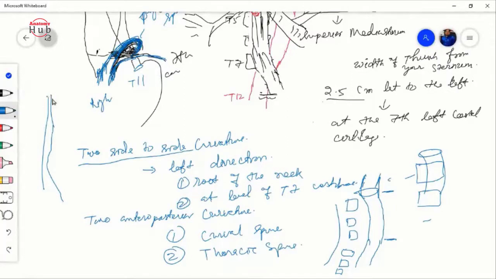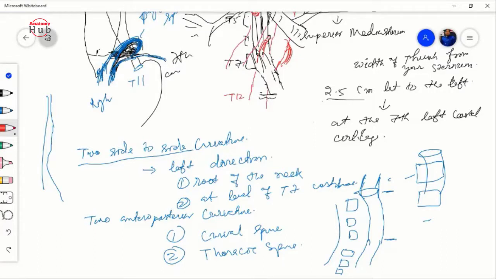If any clinical complications are there, like an aneurysm of the aorta, or deviation of your trachea, or an aneurysm at the descending thoracic aorta, then this esophagus may be deviated to the right side.